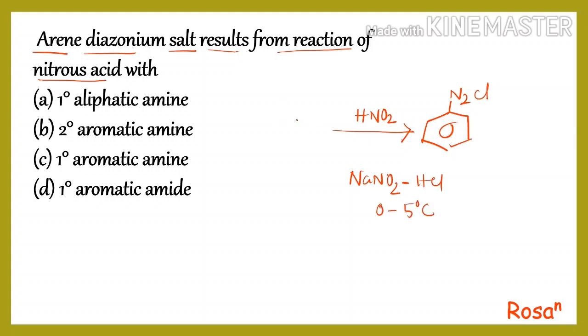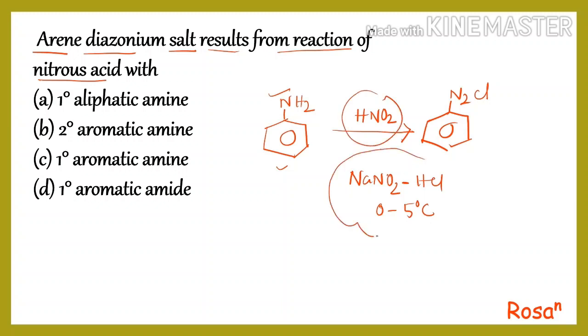So what is the reactant? Here the reactant is aromatic amine, which is 1 degree amine. This reacts with HNO2 or NaNO2 HCl at 0 to 5 degrees Celsius to give benzene diazonium chloride. Clear? So it is the 1 degree amine that gives this product. So the right answer is 1 degree amine. It is the right answer.